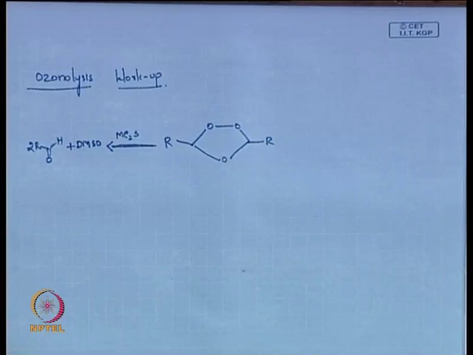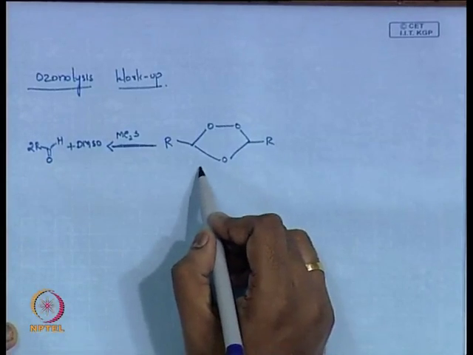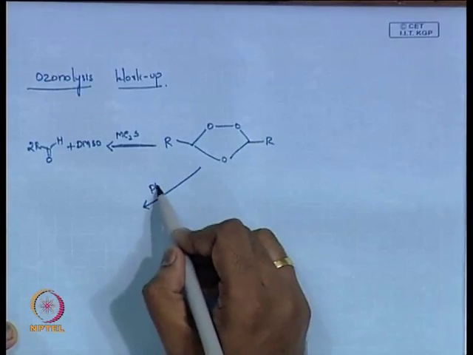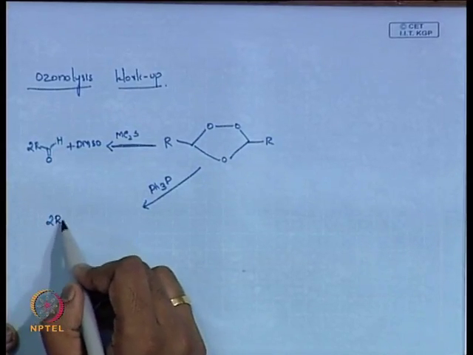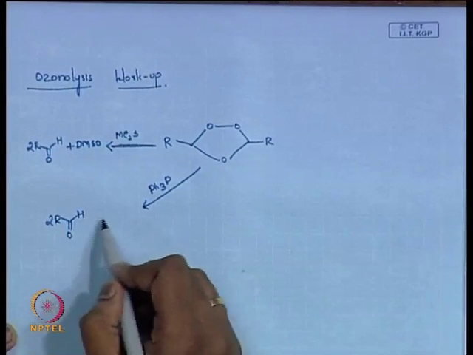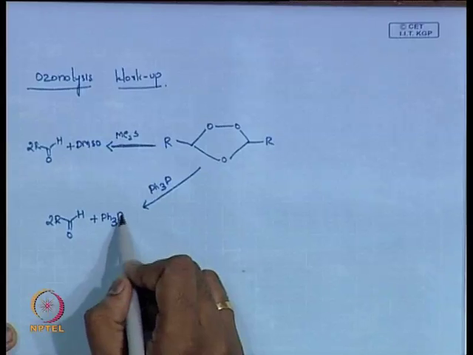Yes, DMSO with dimethyl sulfide. You can use triphenyl phosphine. Nowadays, it's very interesting to use triphenyl phosphine. If you use triphenyl phosphine, you can get 2 aldehydes plus triphenyl phosphine oxide.